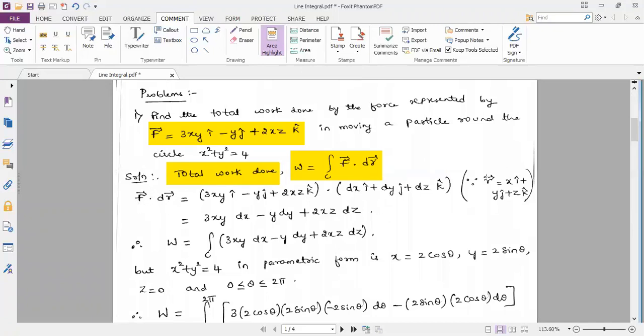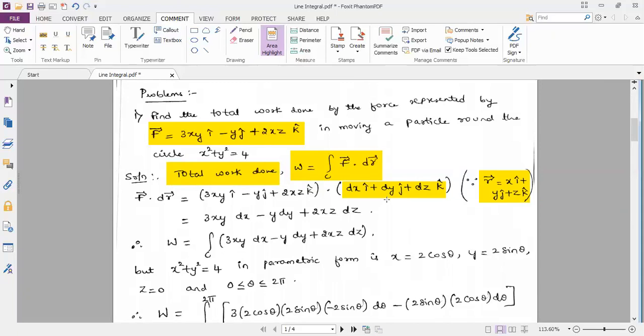We are familiar with the position vector r given by x i plus y j plus z k. Hence dr will be dx i plus dy j plus dz k. So F dot dr we are performing, recalling the property that i dot i is equal to 1, j dot j is equal to 1, k dot k is equal to 1.